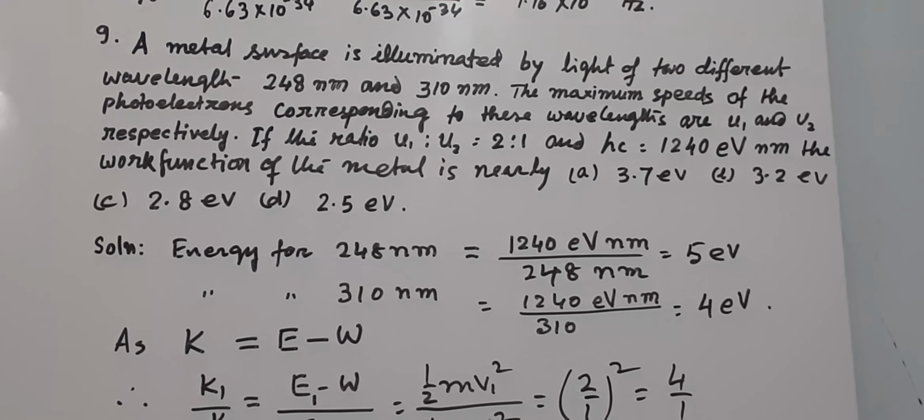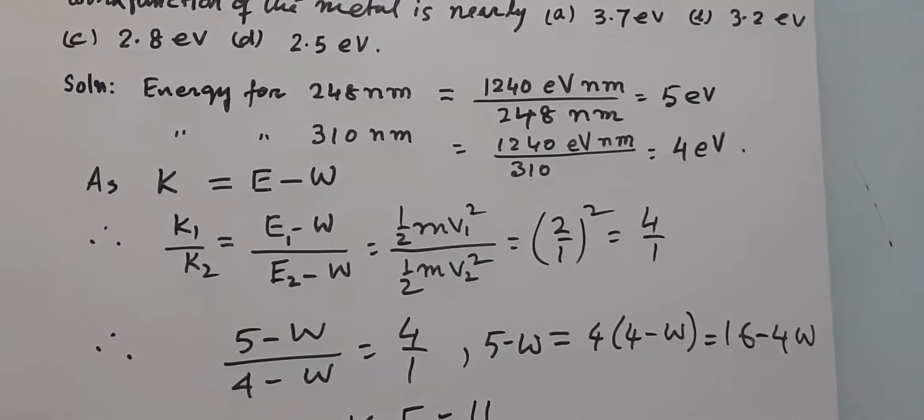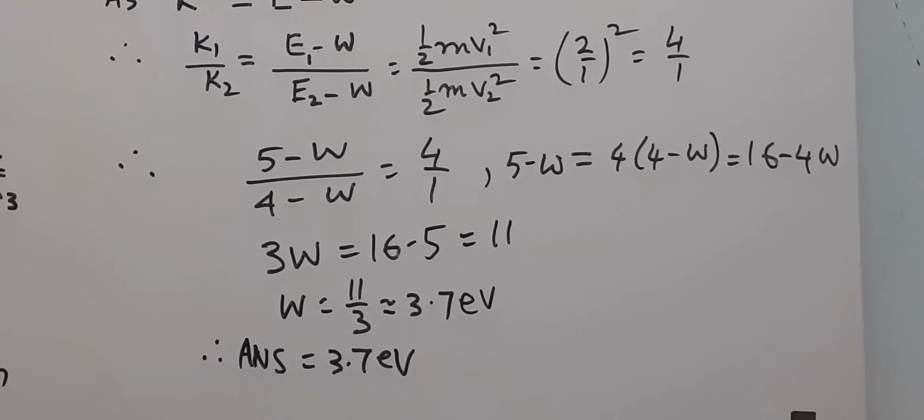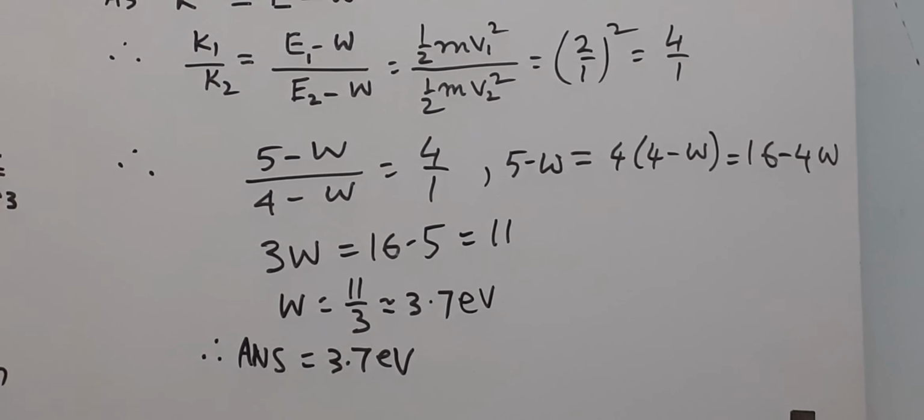Now, here the work function is same because metal is same, kinetic energy expression is E minus W, K1 by K2 will be (E1 minus W) over (E2 minus W). K1 by K2 can be replaced by half m v1 square divided by half m v2 square.